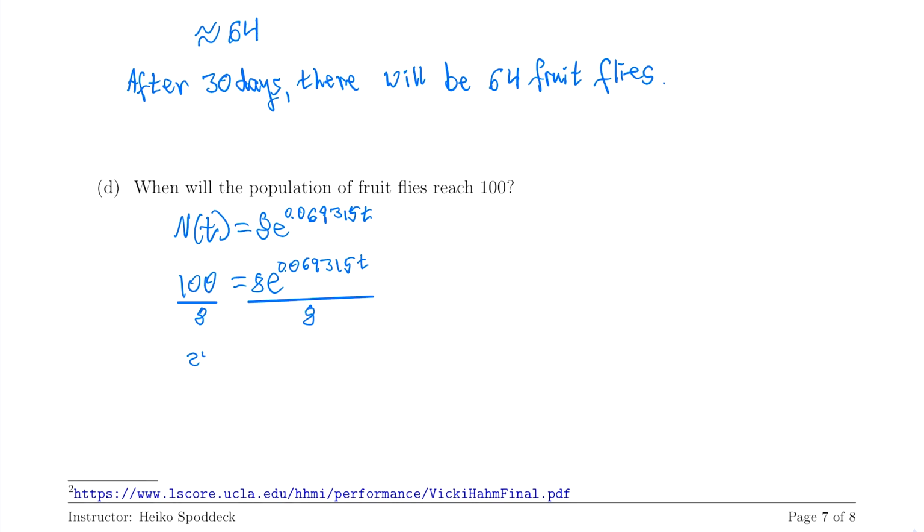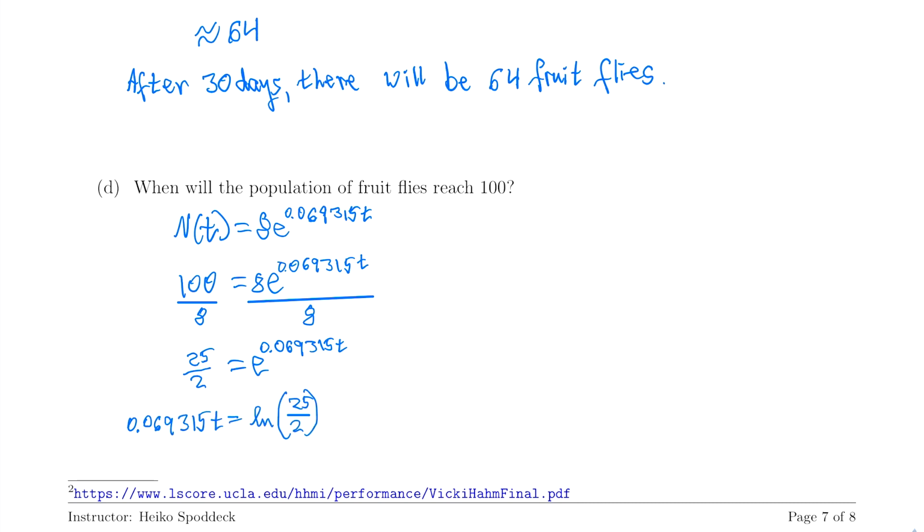Here we get 25 over 2, because you can divide both numbers by 4, and on the right side you're left with just our exponential expression. Now we get to the exponent by simply taking the logarithm.